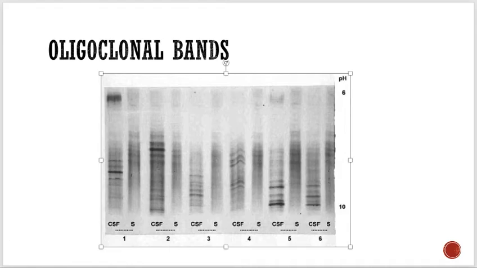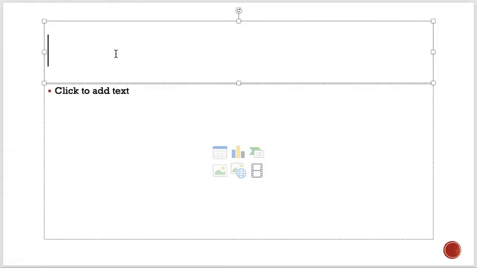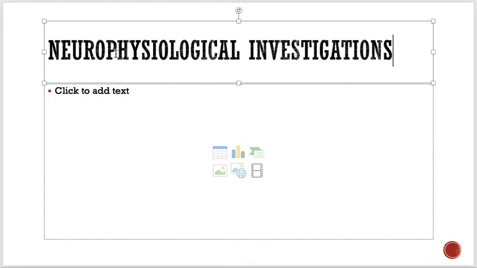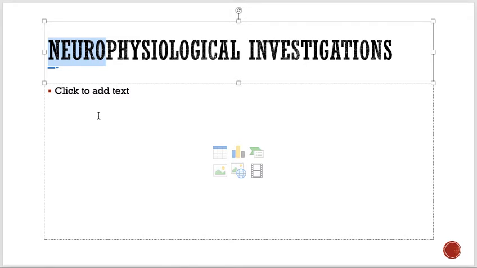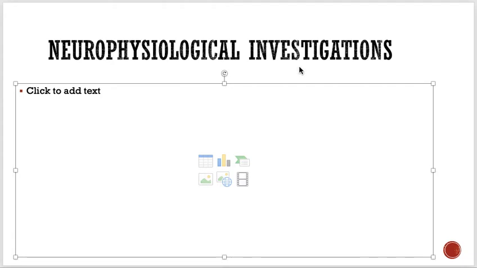Now, one of the things I wanted to talk about is neurophysiological investigations. What are neurophysiological investigations? One important thing is, even when you study neurology in your final years, maybe they will not teach you all these investigations in detail, but they will introduce you to how these investigations work.